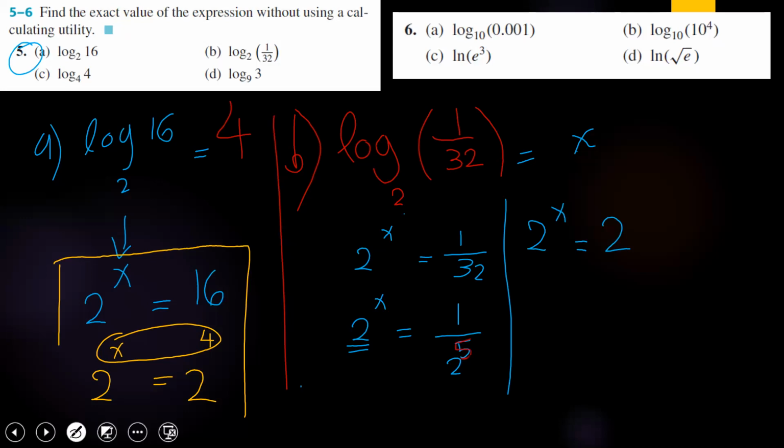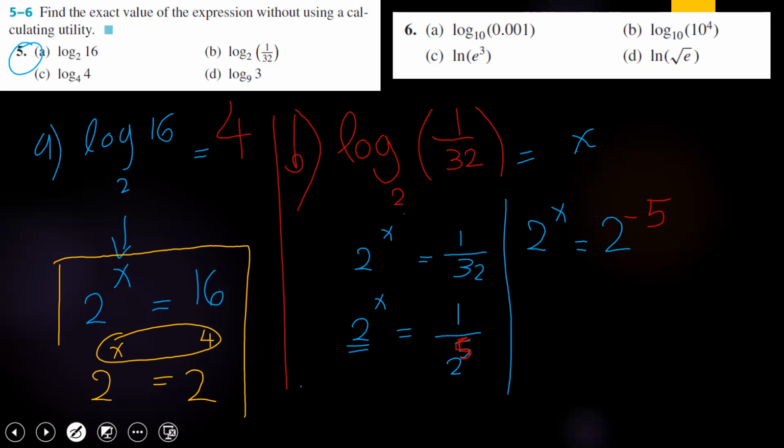Now look at the exponents. What is the opposite of 5? Negative 5. In this way I convert 1 over 2 to the power 5 to a negative exponent.